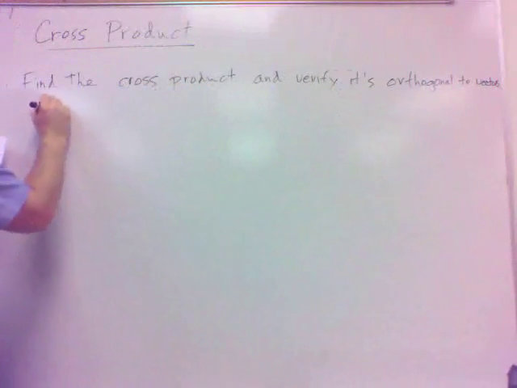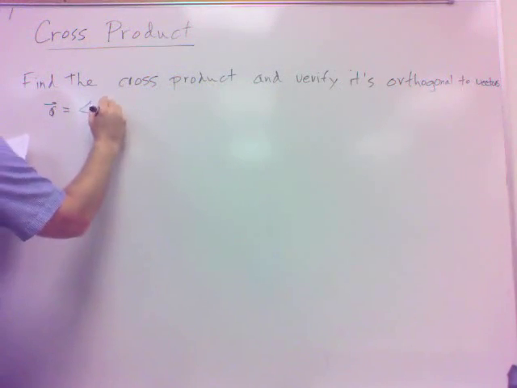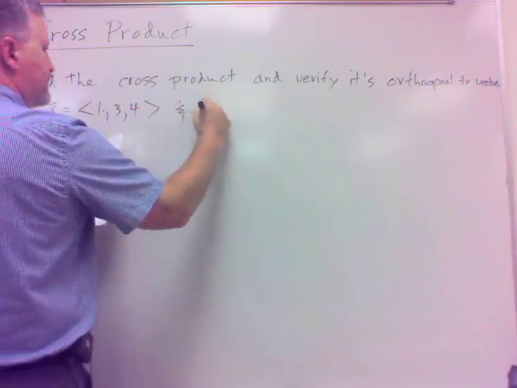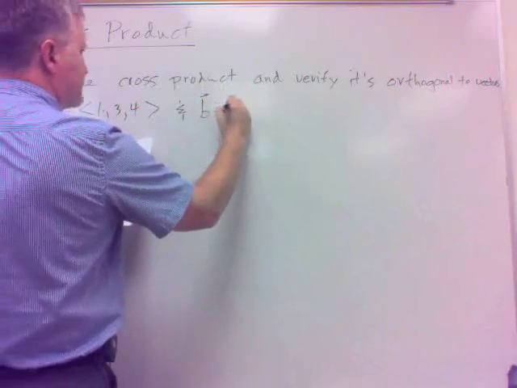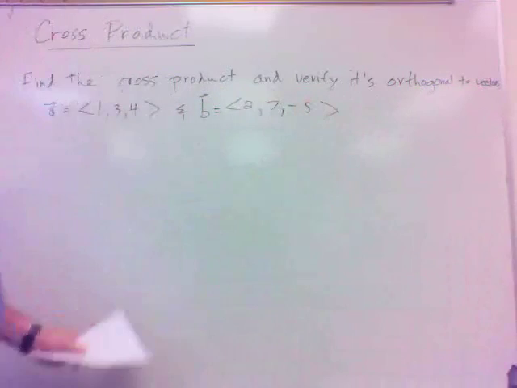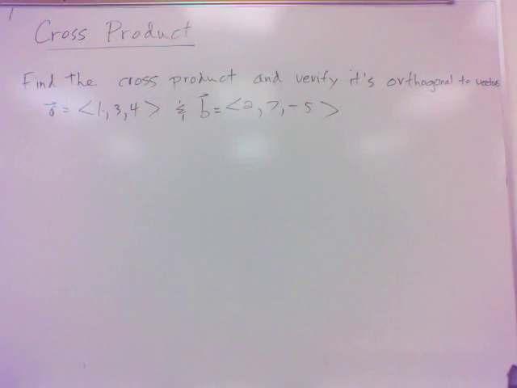We've got A is 1, 3, 4, and B is 2, 7, negative 5. Cross product.